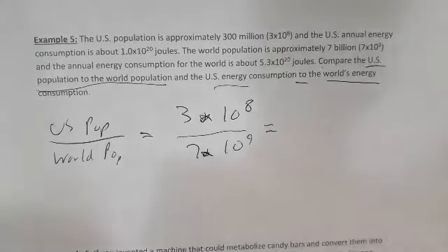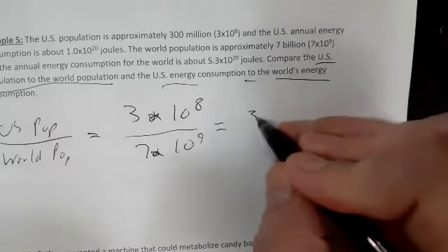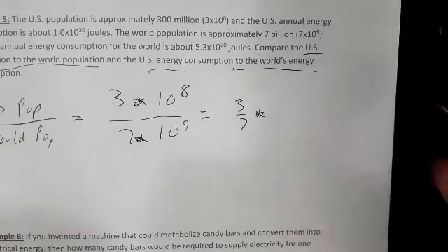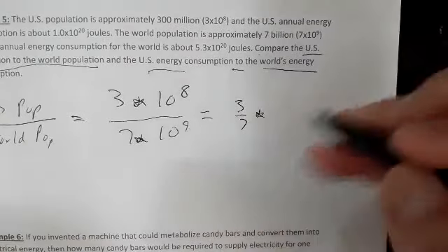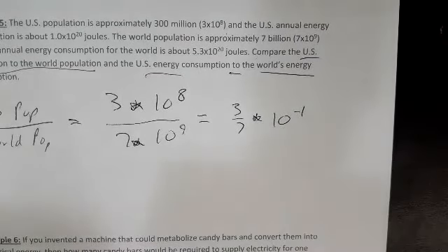So this was the division of scientific notation that I was talking about previously. We have 3/7. And this is going to be 8 minus 9, which is 10 to the minus 1. So we're going to have to move it over a decimal place. If we do 3/7, 3/7 is 0.4285.